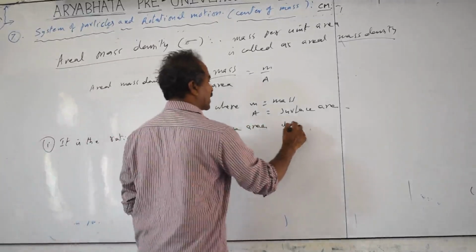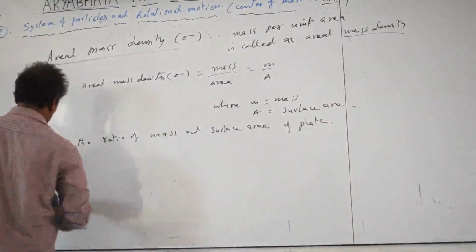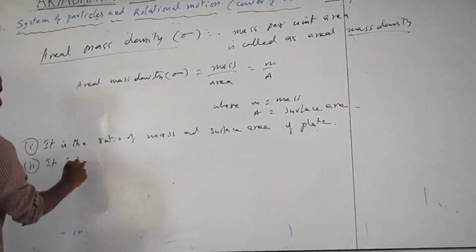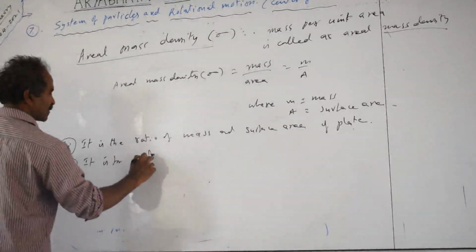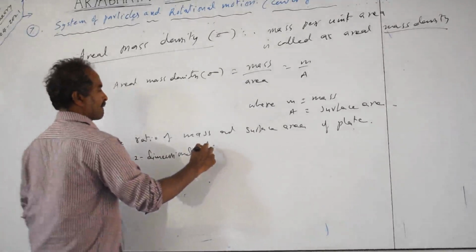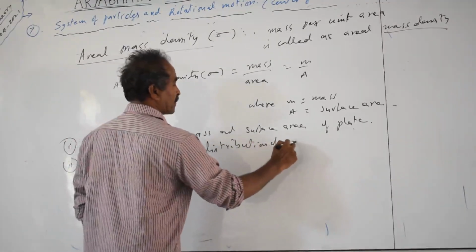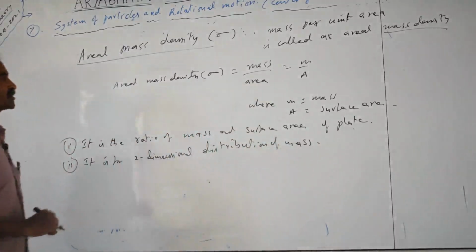Area of plates, that is for two-dimensional distribution of mass.